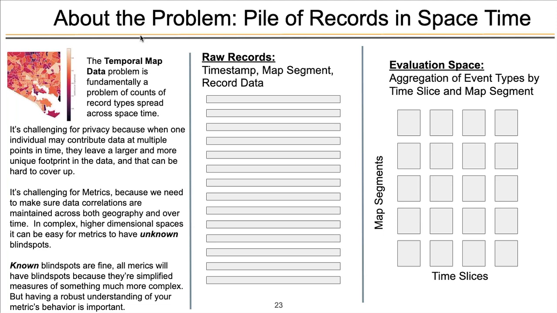It is tricky on the metrics side though, because you're looking at not just one picture of a map, but essentially a sequence of map pictures. And getting your head fully grokked around how your metric is behaving, both with respect to geography and with different record types and across the schema and across time, can be a little bit interesting. Okay, so next slide.